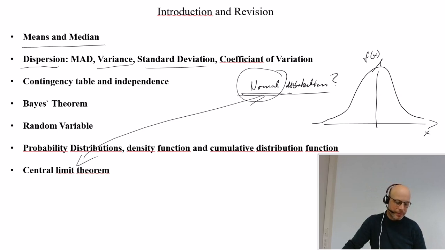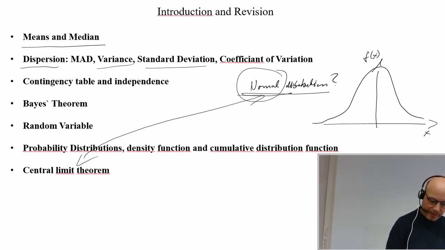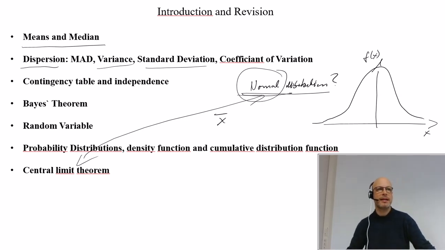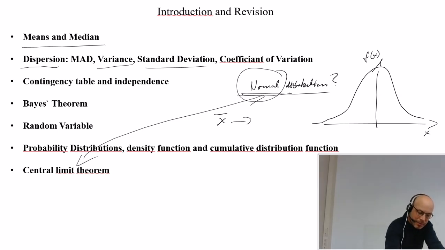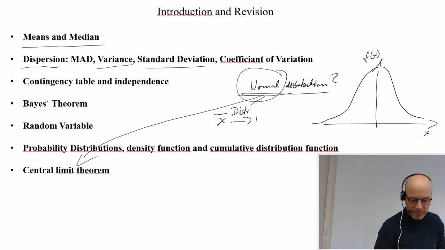The central limit theorem states that if the number of your data is large enough, then the average of your collected data out of a data set of 100 or 1,000, 10,000, then the distribution of this average tends to the normal distribution.